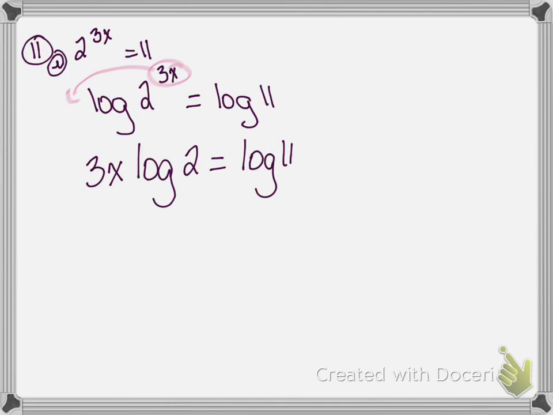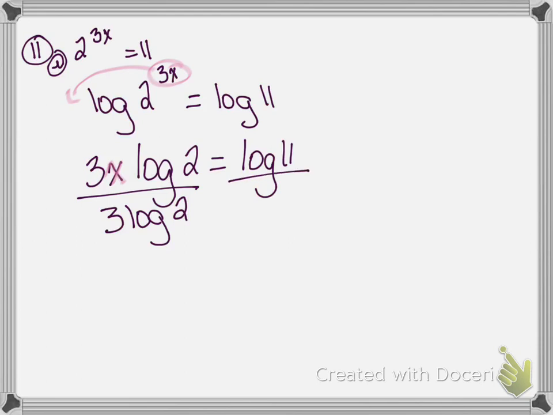So the next thing that I'm going to do is divide. I need to get my x completely by itself, so I've got to divide by the 3, and I've got to divide by the log of 2.